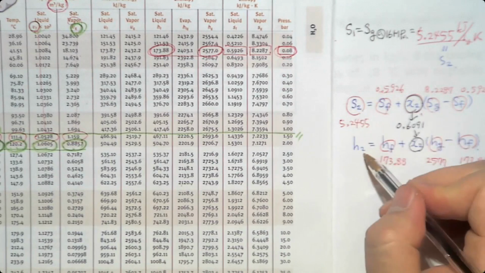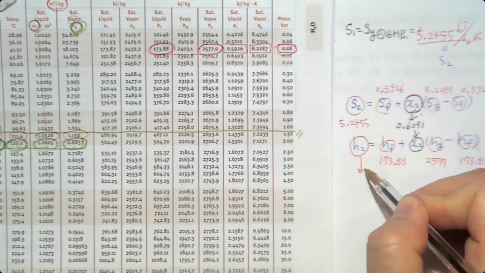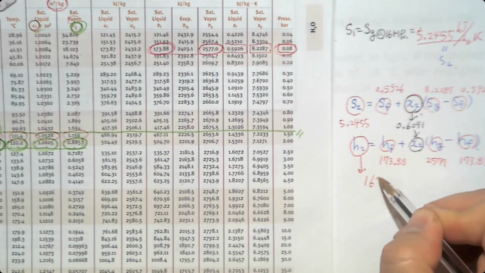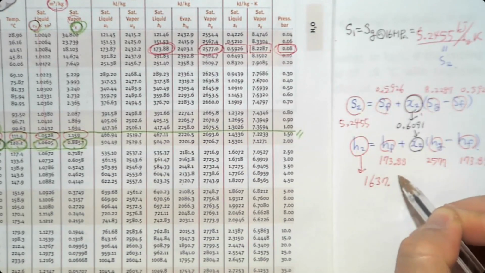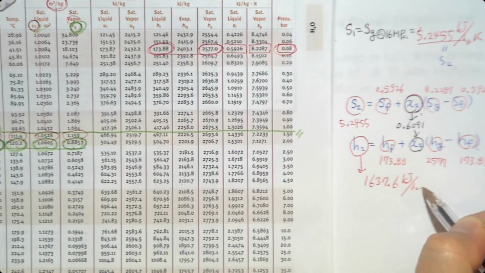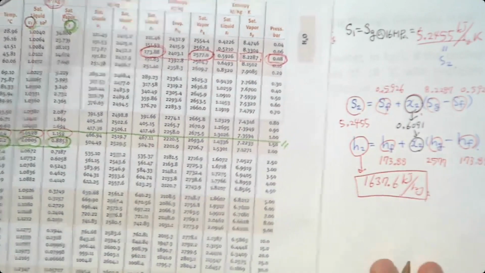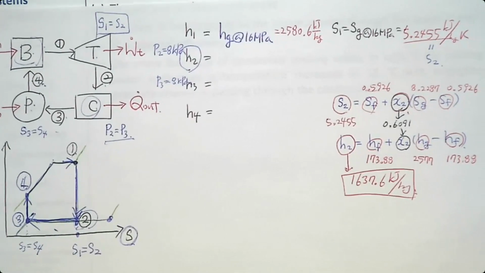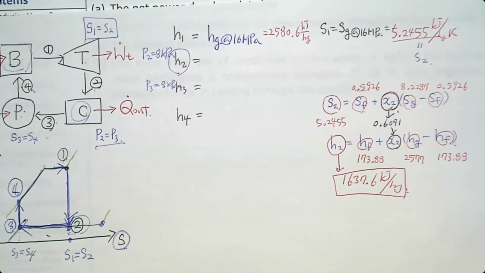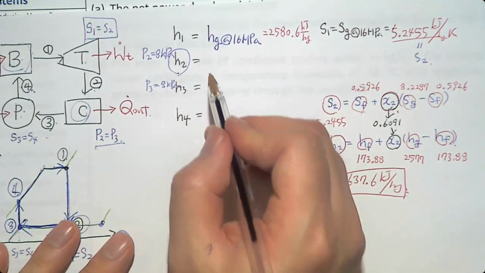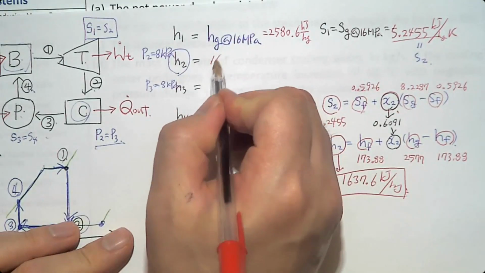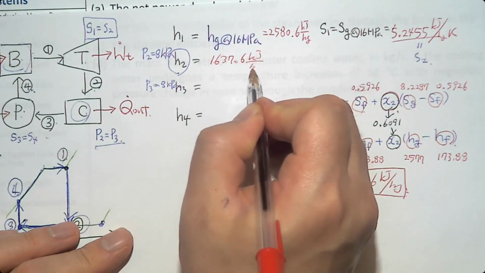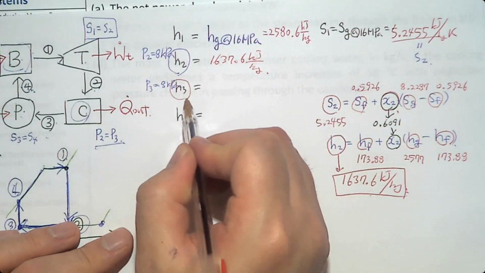Yes. If you do, what is H2? 1637.6 kilojoule per kilogram. So this H2 is going to be 1637.6 kilojoule per kilogram.